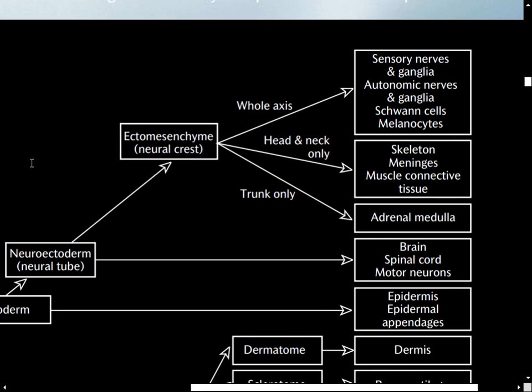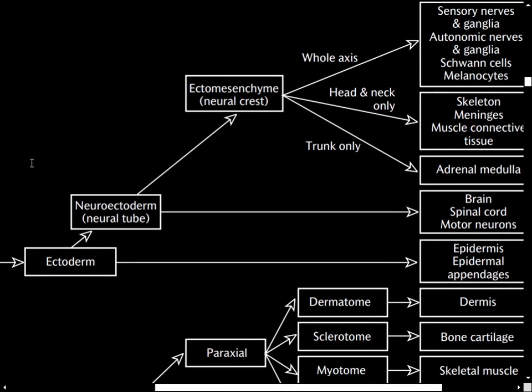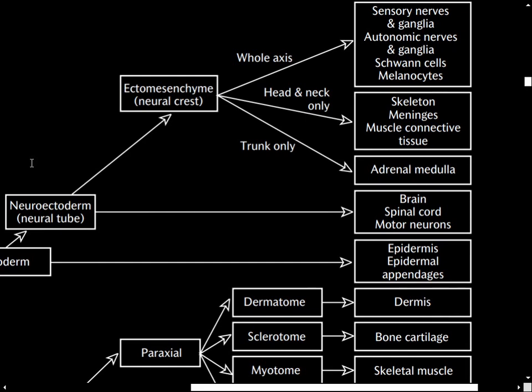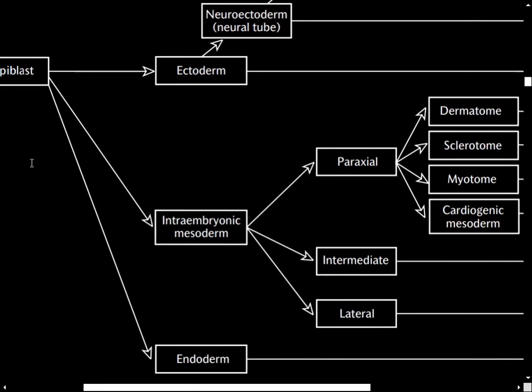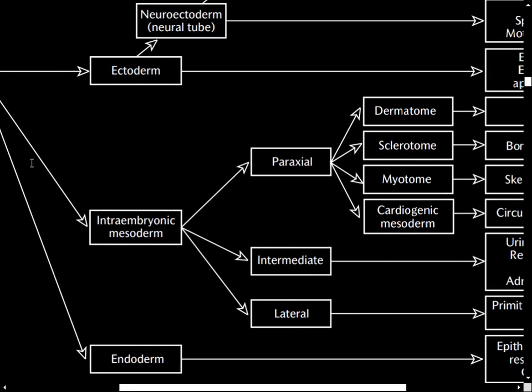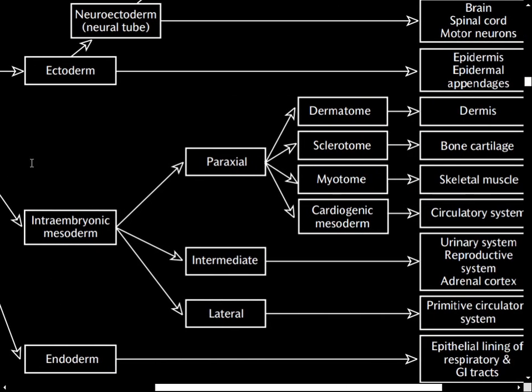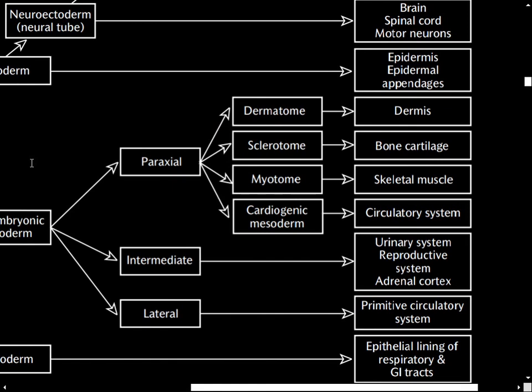Ectoderm: epidermis, epidermal appendages. Embryonic mesoderm: intermediate, lateral, paraxial. Dermatome, sclerotome, myotome, cardiogenic mesoderm: dermis, bone, cartilage, skeletal muscle, circulatory system.